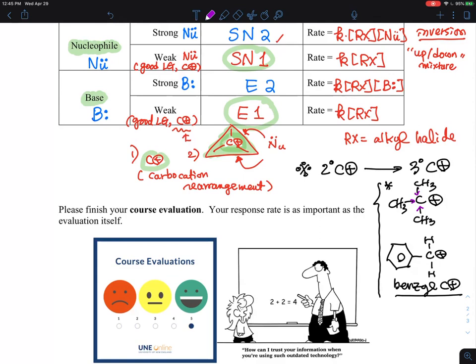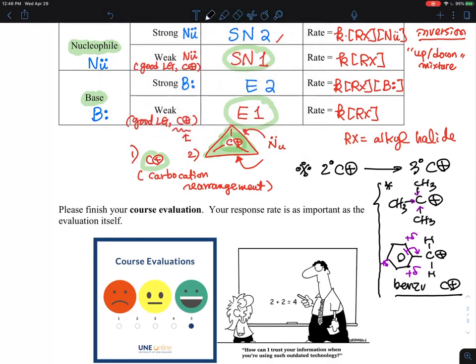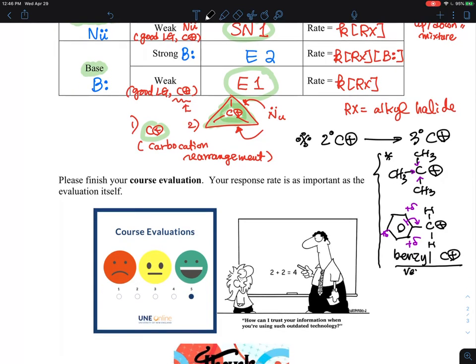Whereas with this one, this double bond can change position, and the positive charge can be moved around: delta plus here, delta plus here, delta plus here. Okay? So the benzene group is a way that stabilizes it. So what I mean by this is a benzyl carbocation is very stable. Okay, very stable.